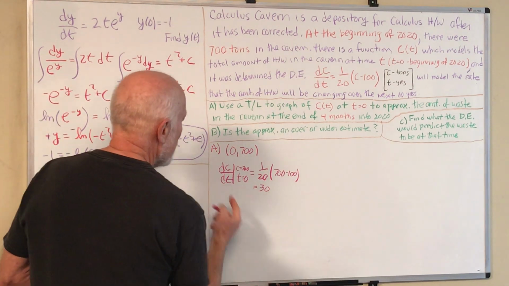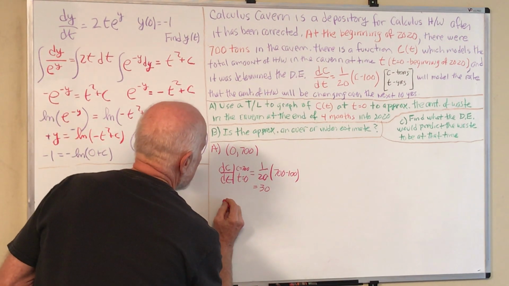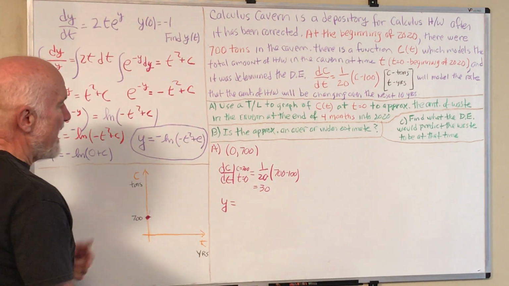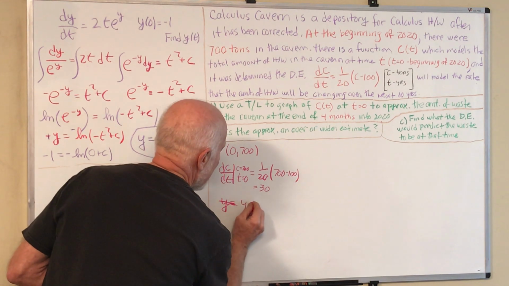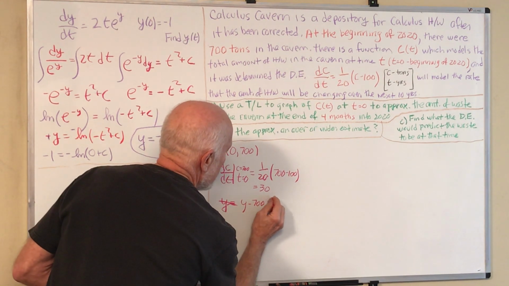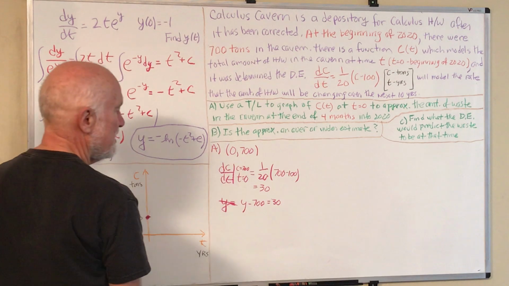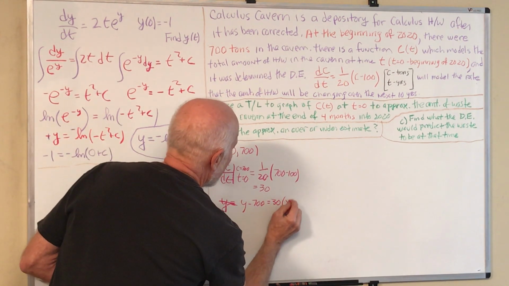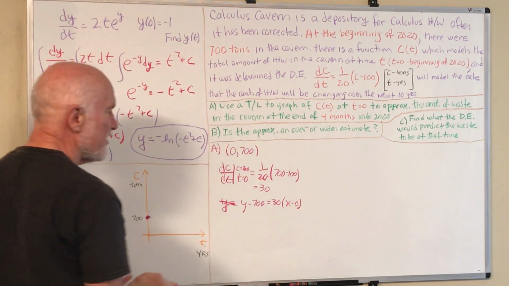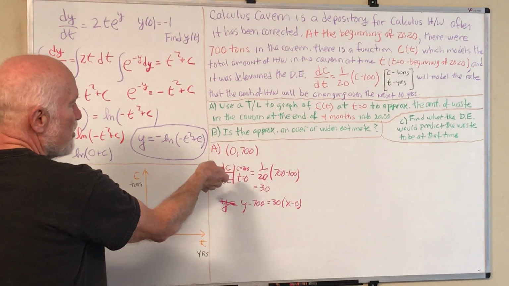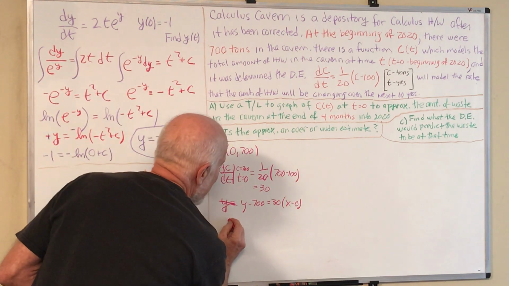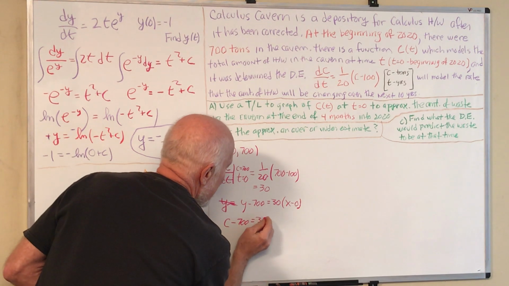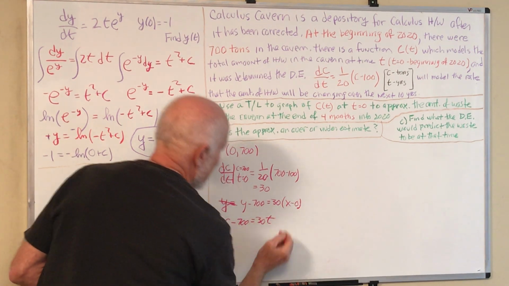So, what's our equation? If you like to use y, it'd be y minus 700 equals 30 times x minus 0. Now, I personally don't like to use y and x when we're using c and t. So I would sort of say c minus 700 equals 30 times t minus 0.